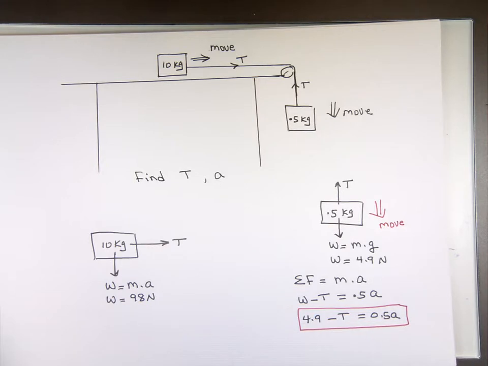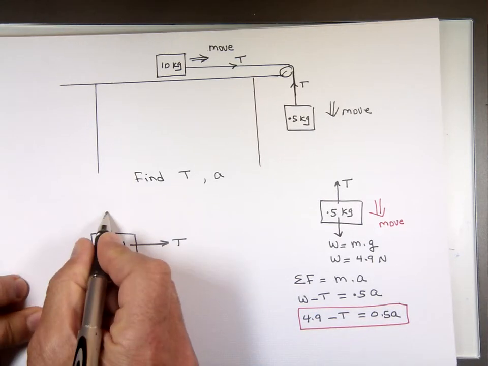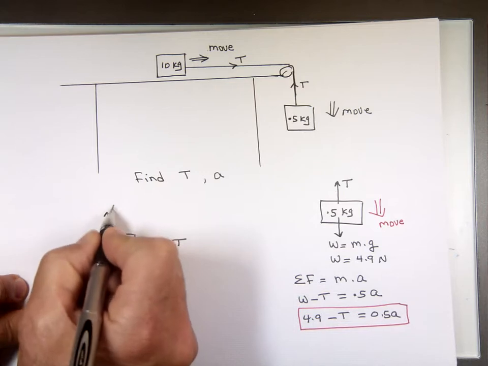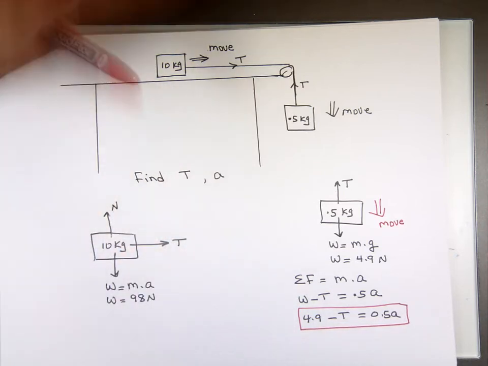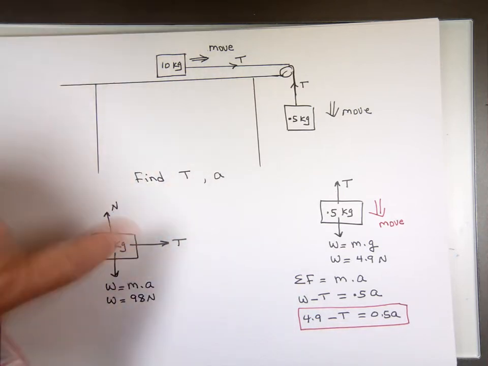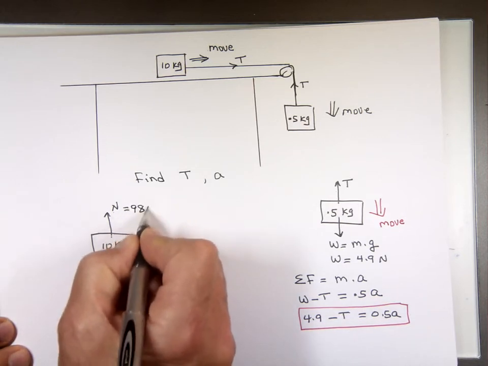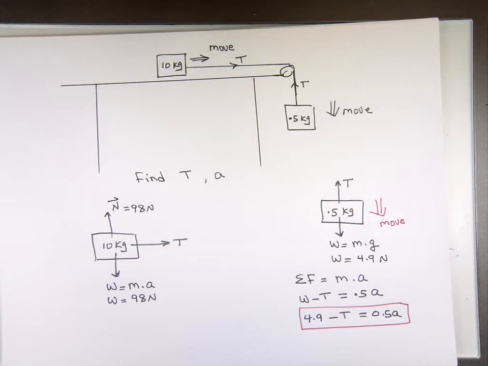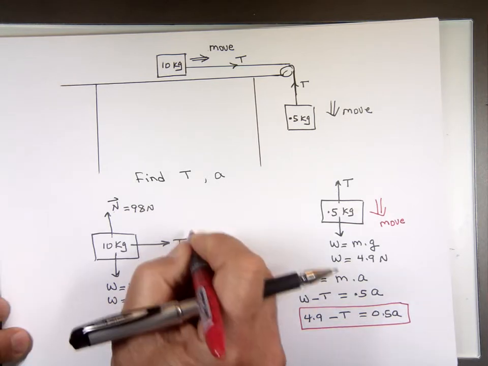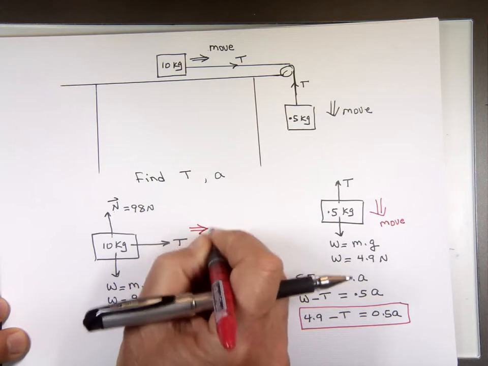Yep, the normal force pointing upward, good. And since this block is not moving up or down, that tells me the normal force has to equal 98 Newton. And which way is it moving? That's the direction it's moving.